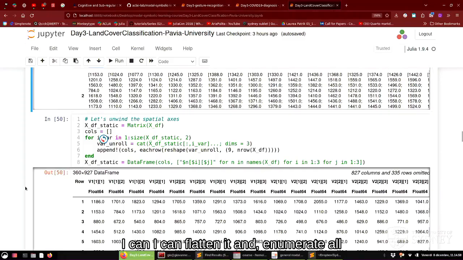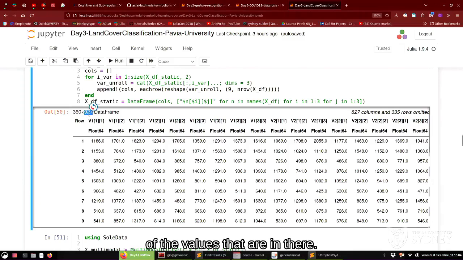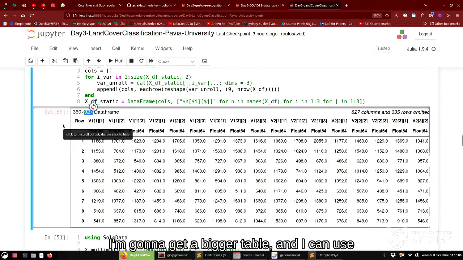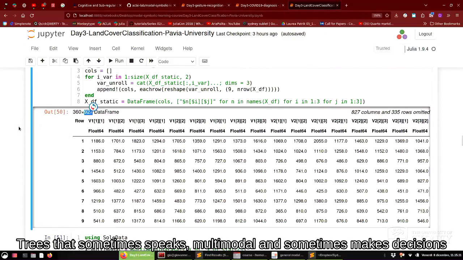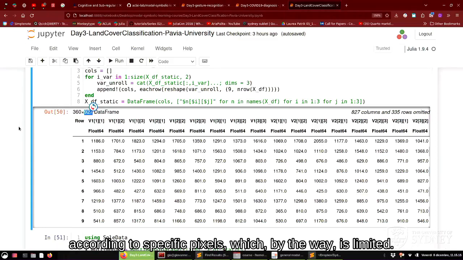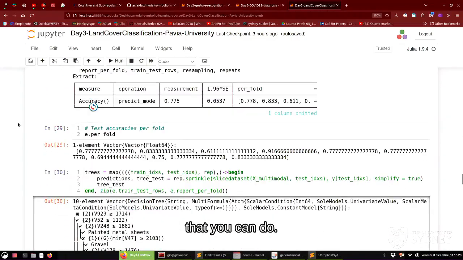I can also flatten it and enumerate all of the values in there. I'm going to get a bigger table, and I can use both of them and learn multimodal decision trees that sometimes speak multimodal and sometimes make decisions according to specific pixels, which, by the way, is limited because if you rotate the image, that is not going to work. But still, that is something that you can do.